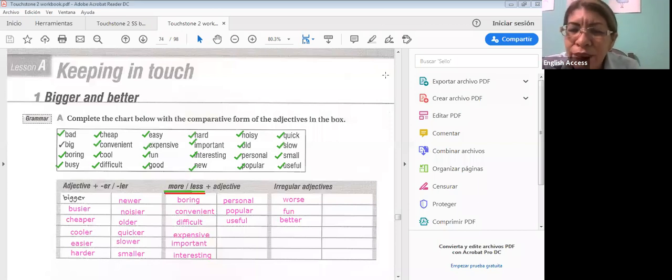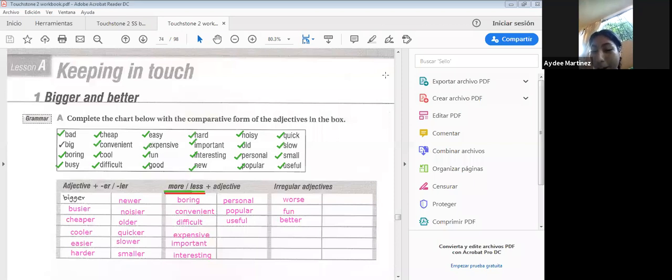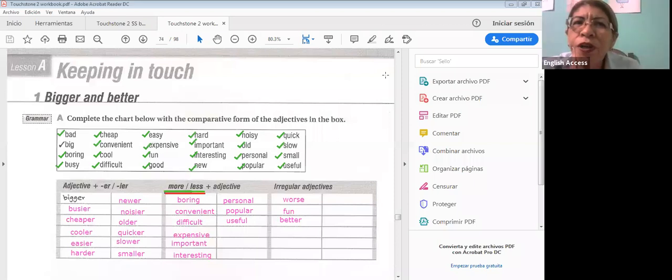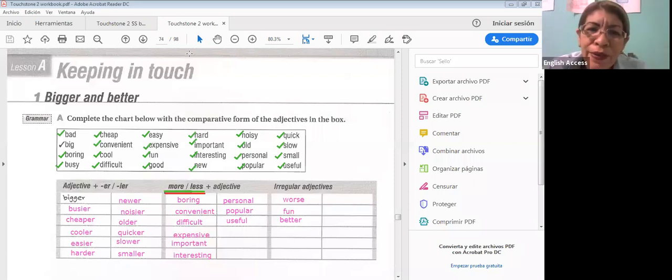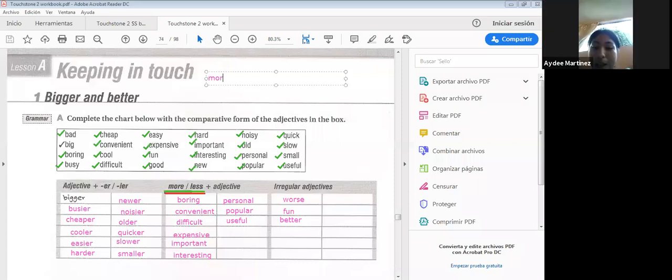Okay. Acapulco, more expensive. Acapulco is more expensive for, we don't use for Guadalajara. What is the other word that we use, Aide? With. No, we don't use with.